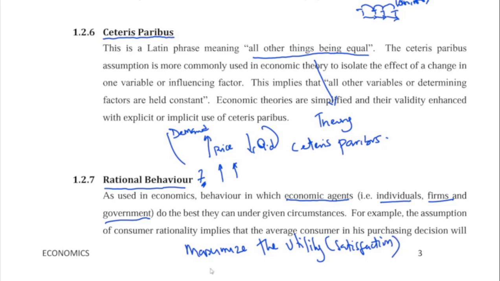They maximize the utility from their scarce resources. So that's what rational behavior is talking about. Every economic agent will try as much as possible to maximize the utility, that satisfaction derived from consuming goods that are purchased with the scarce resources.